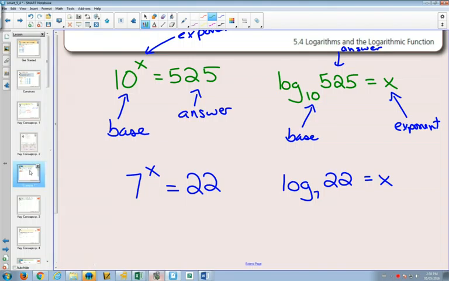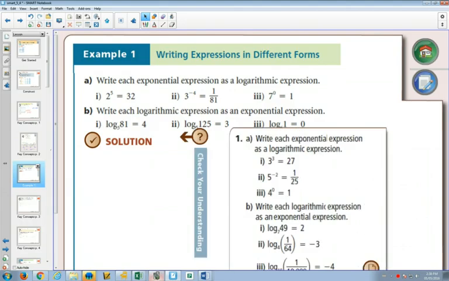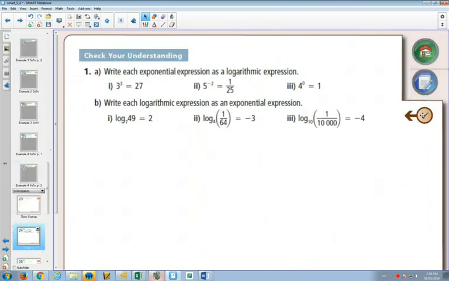All right, let's go to our example number 1. For 1a, they just want you to write those in log form. And for part B, take all of those that are in log form and write them in exponential form. I'm going to give you a 1-minute head start, and then I'll put up all the answers.